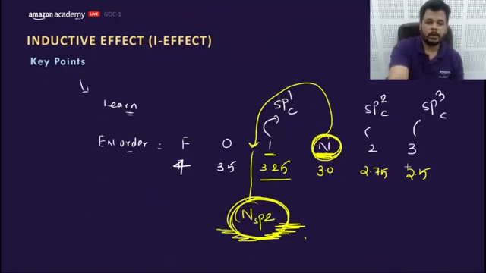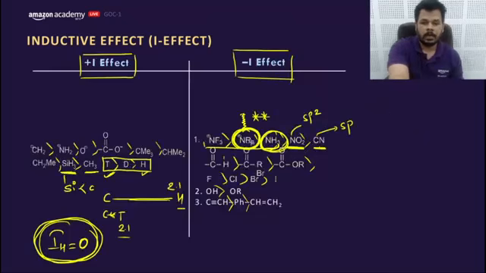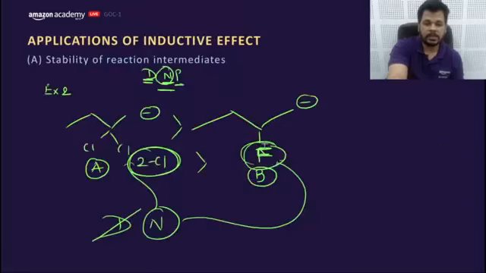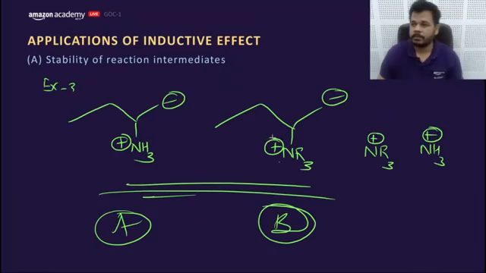Let's get back to the order. You can look here. NR3 has relatively more minus I compared to NH3 plus. So considering this, you need to answer now. Minus I of NR3.